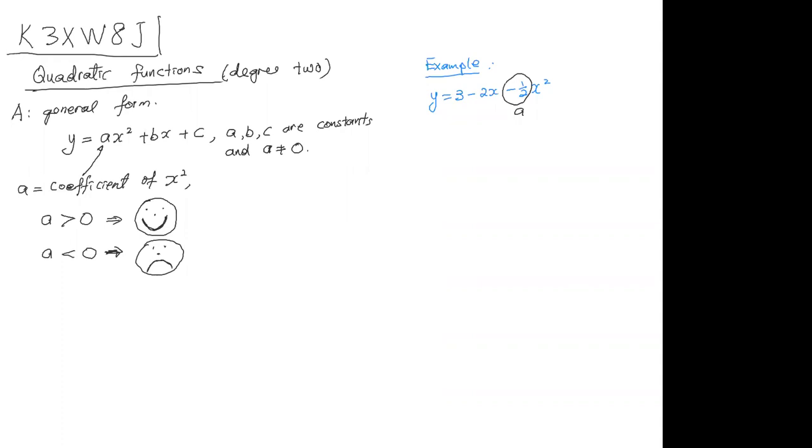So the shape of this curve, we give it a name. If I tell you the shape of the curve is a parabola, that means you know that is a quadratic function. This is the name of this shape. It's called a parabola, right? For a smiling curve, you have the lowest point.